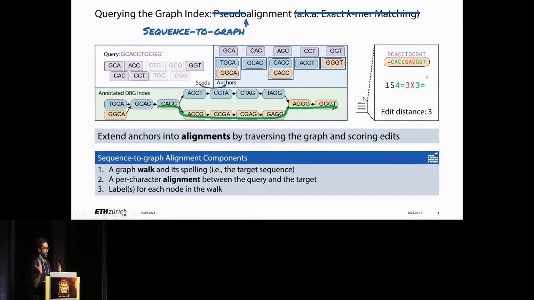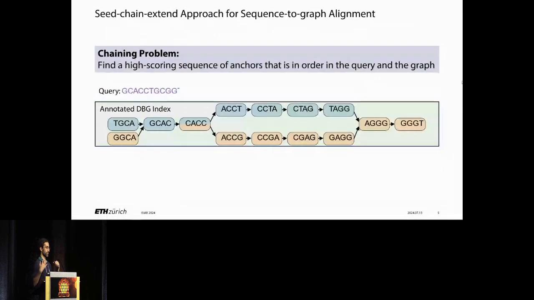So now here I've covered in a bit of detail the seeding portion of the seed chain extend paradigm that's typically used in sequence to graph alignment. Now I'm going to cover in a bit more detail the chaining and the extension portion of this heuristic paradigm.